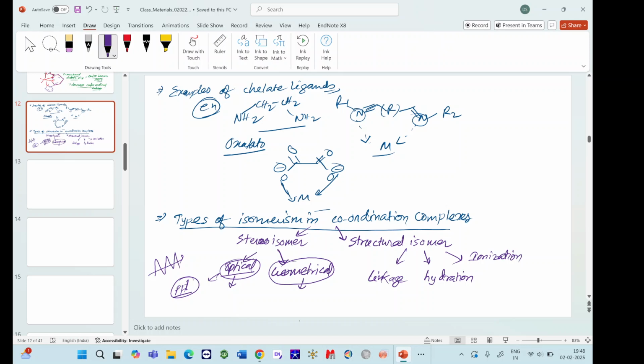Say you have coordination number 4, square planar geometry. It is shown in the next slide.